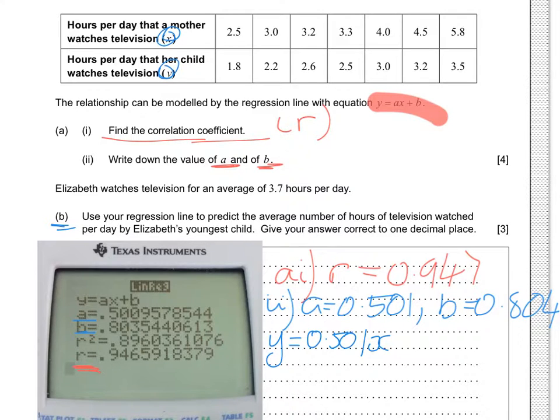There's X, there's Y, plus B, 0.804. And all you have to do, well, there's lots of ways to do it using your calculator, but essentially what you're doing is you're just evaluating this equation for when X is equal to 3.7.